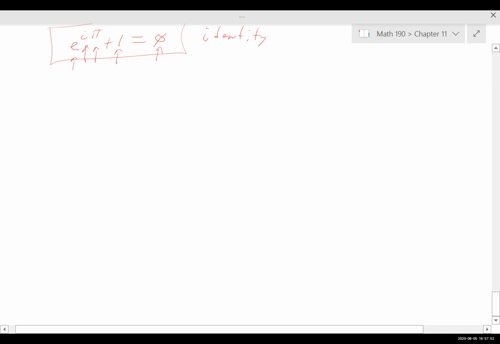Let's derive another famous formula here, and then we'll probably call it a day.